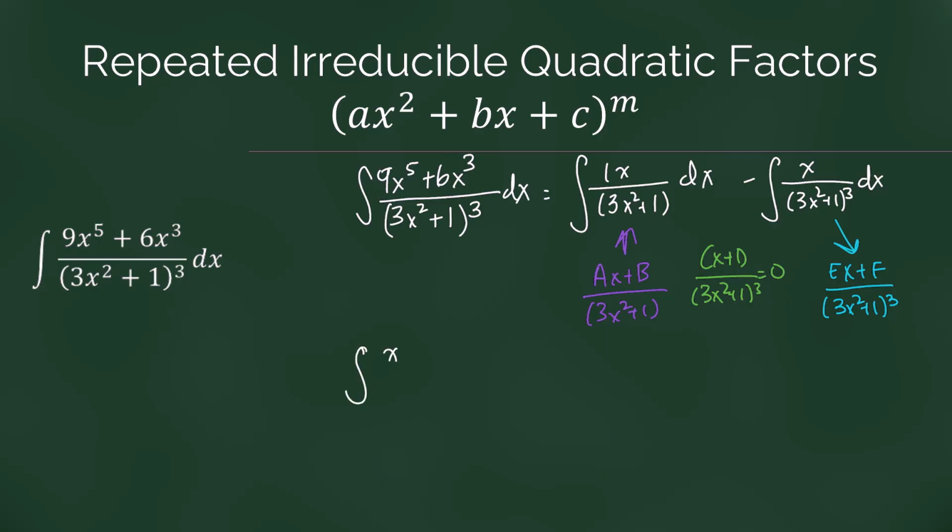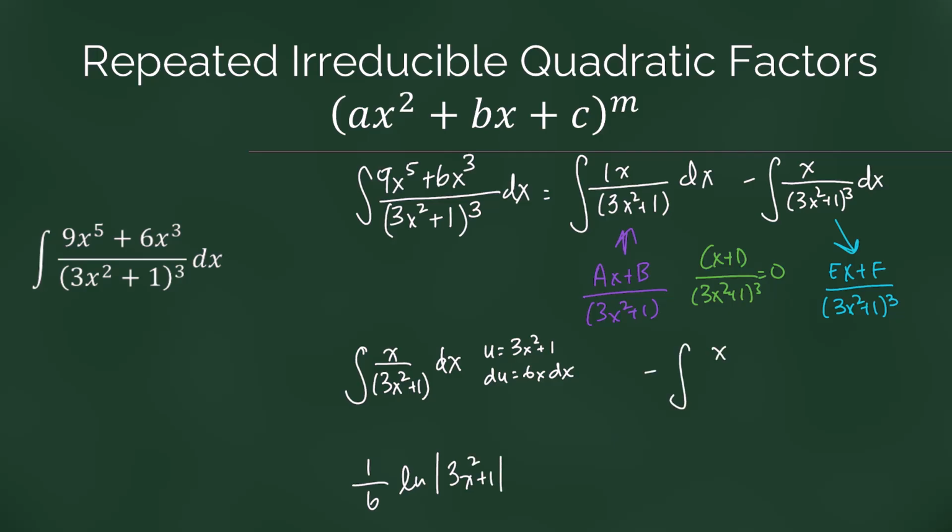So if we look at this integral of x over 3x squared plus 1 dx, if we let u be 3x squared plus 1, du is 6x dx, so this becomes 1/6 the natural log of the absolute value of 3x squared plus 1. And then this integral, pull the negative out here, we have x over 3x squared plus 1 cubed.